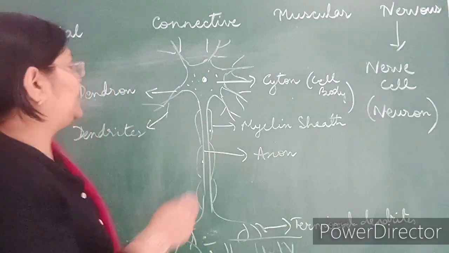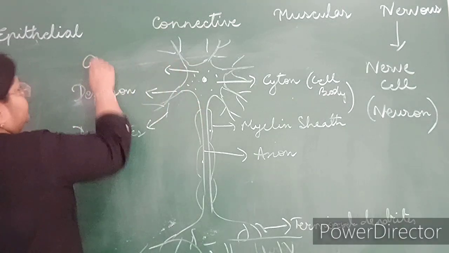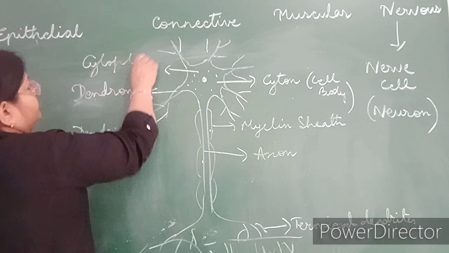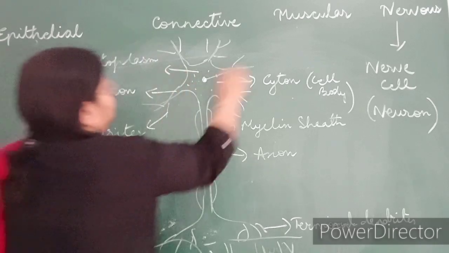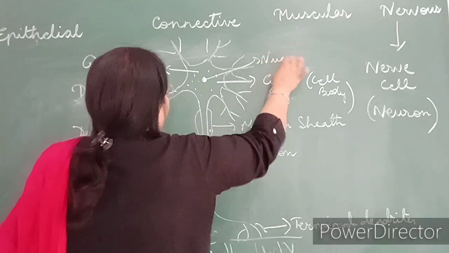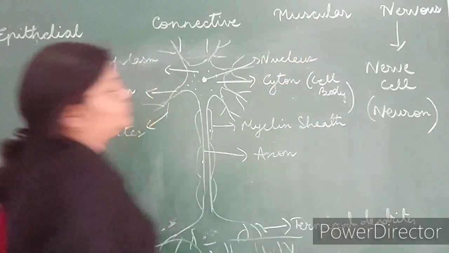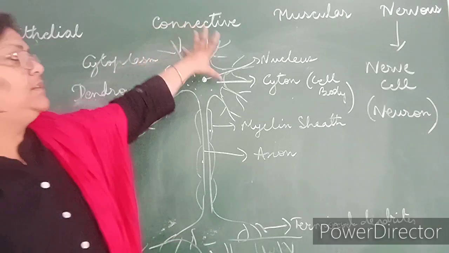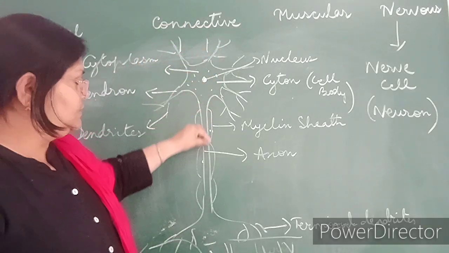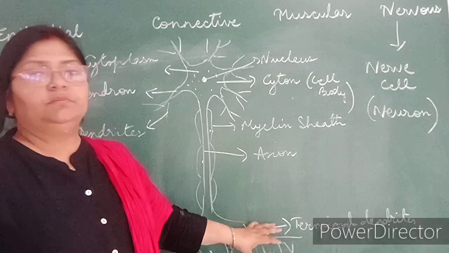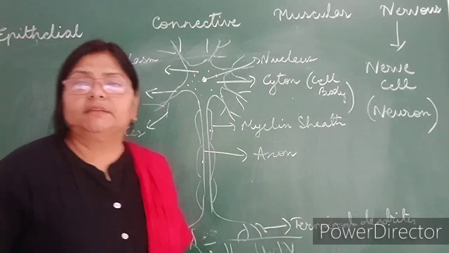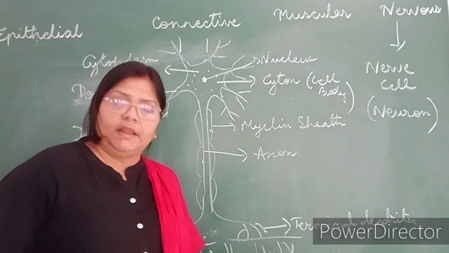The cyton has cytoplasm in it and a prominent nucleus too. So the dendrites collect the information, pass it through the axon, then to the terminal dendrites, which then pass it to the part where it is connected.